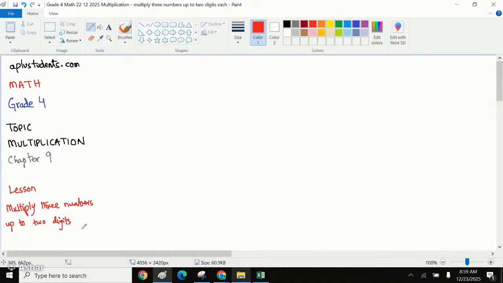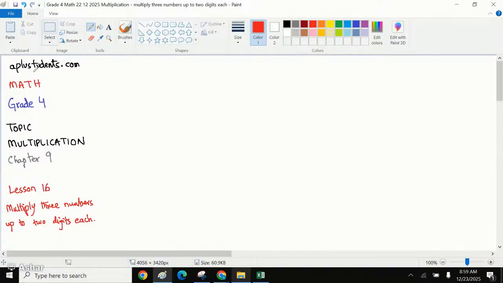That means 2-digit numbers are there, up to 2 digits each. And the lesson number that we are doing today is 16. Okay, so we need to click onto lesson number 16.